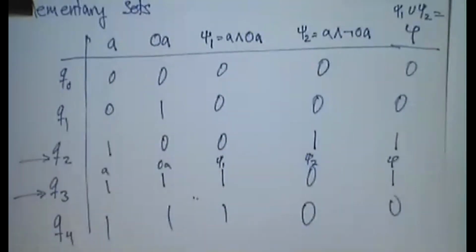Look at this list and tell me where can I go to from Q3 reading A.